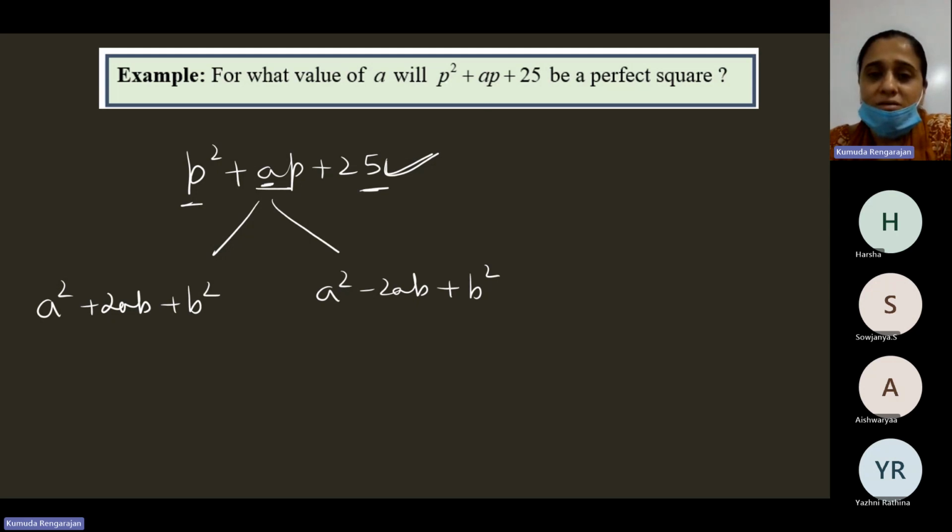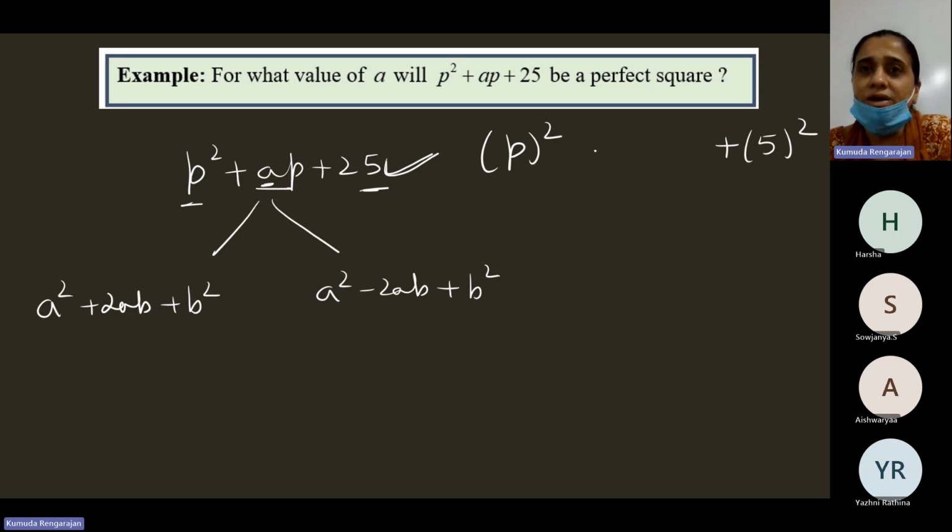That means what is a square? p the whole square. What is b square? 5 the whole square, right? Then what's the middle term? The middle term can be plus or minus 2 into a into b, p into 5.